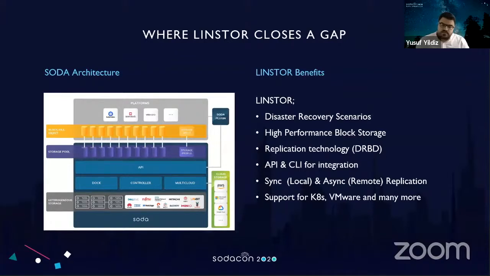And as you know, in disaster recovery scenarios, RPO and RTO are really important. RPO is the recovery point objective, and it can be like 2 or 3 seconds with LINSTOR. And RTO depends on the application, but can be very low in suitable conditions.